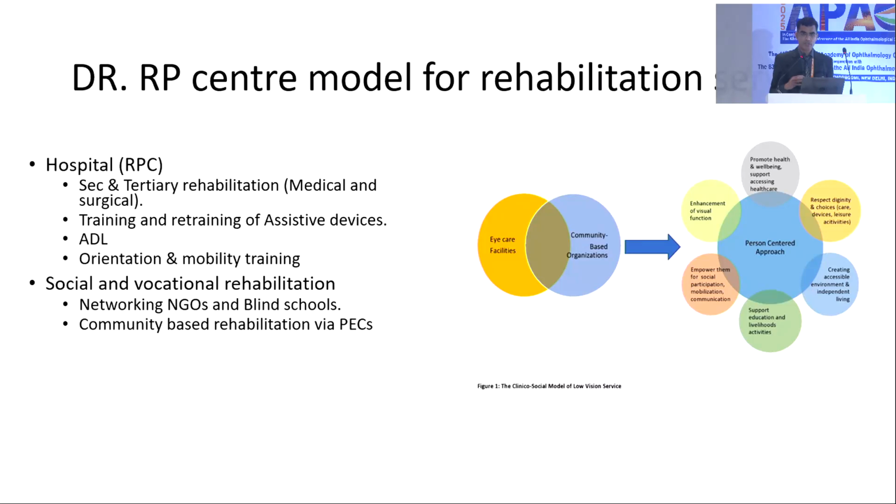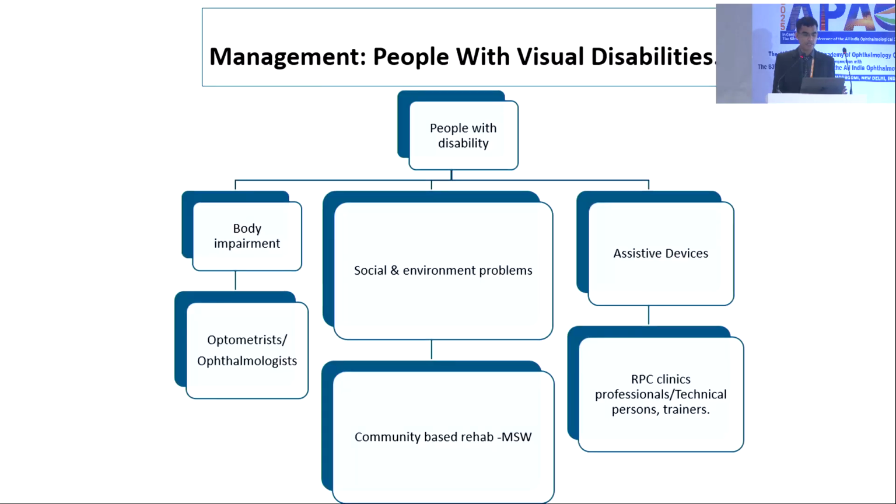And then we have a social wing. There are 17 vision centers spread across Delhi, and we do networking with NGOs and schools for the blind, and community-based rehabilitation through our primary eye care centers. So this is called the medical socio model, which is being implemented at our center.